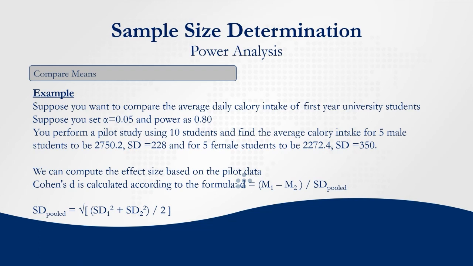Or you can use the other methods that I've specified. You use what you know in terms of the effect size, what can be regarded as significant, and put that in. And in terms of the variability, maybe you can look at literature, other studies similar to yours, and draw from that.